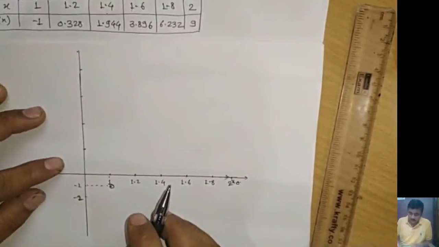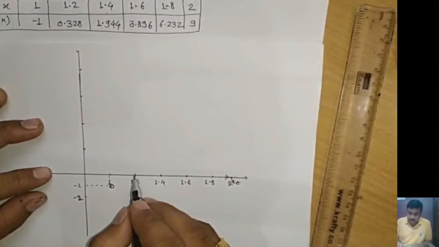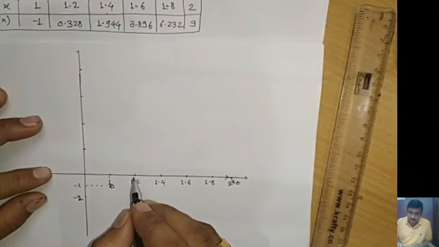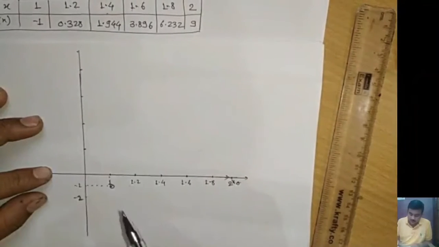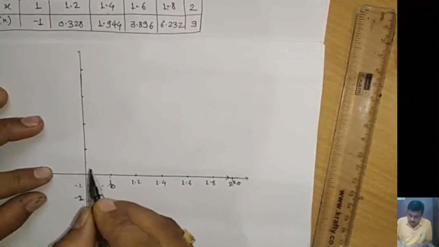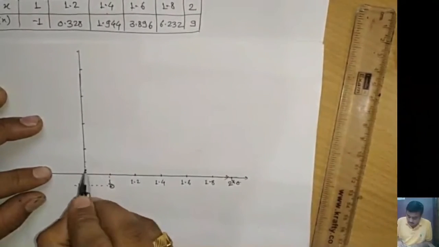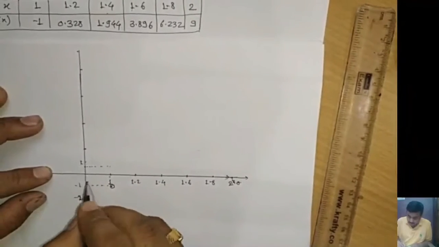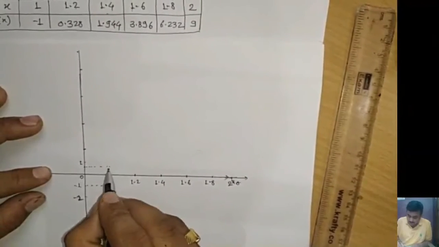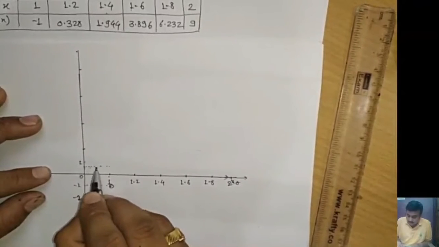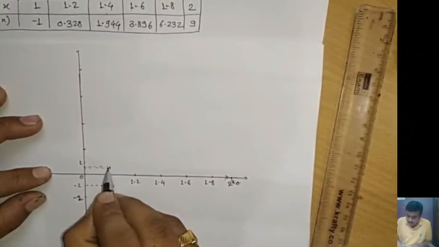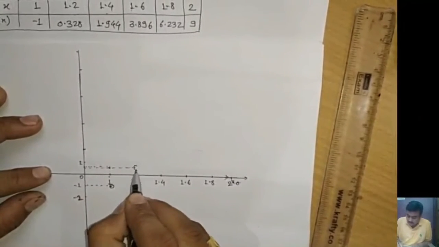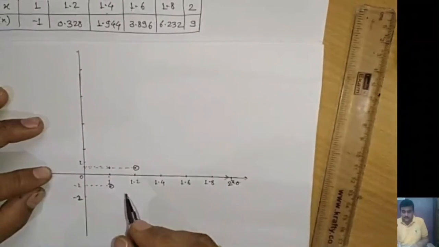Now for the second point, at x equals 1.2, the value of the function is 0.328, which can be represented here between the value of 0 and 1. This is our second point.